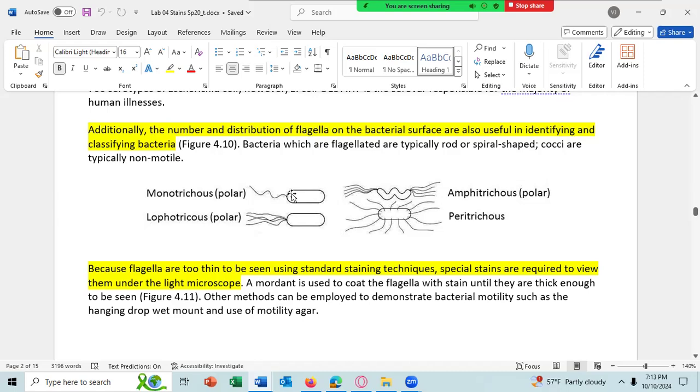And then it will become lophotrichous, putting out multiple flagella on one end. And then it will become amphitrichous, putting out flagella on both ends. And then lastly, the cell will become peritrichous, assuming that it can, putting out flagella all over the cell.